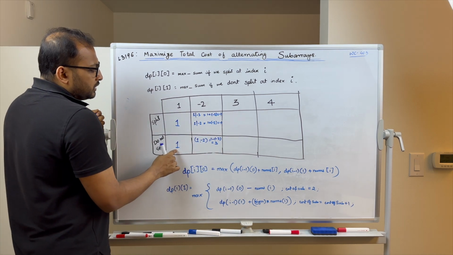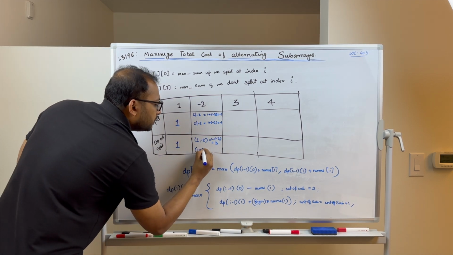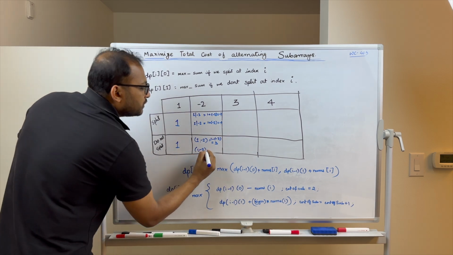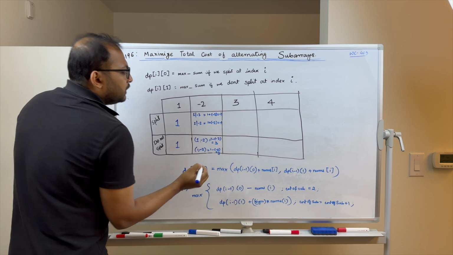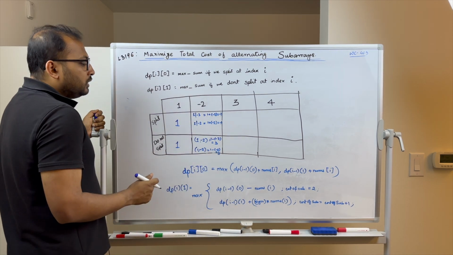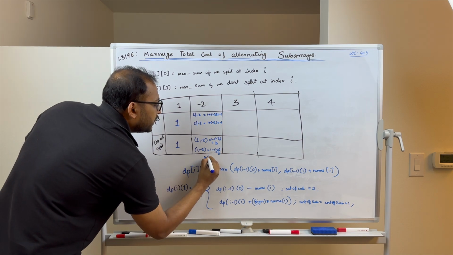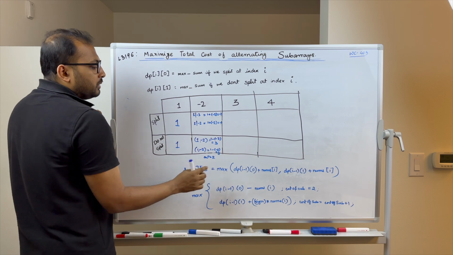Now let's take this one. Again the sign will change because we do not do any split here, so again 1 minus -2, which is 3. Remember, this sign always changes. Right now we have 2 elements in our subarray.